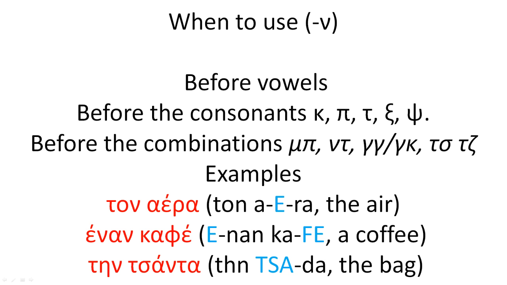Before vowels, before the consonants κ, π, τ, ξ, and ψ, and before the combinations μπ, ντ, γγ or γκ, τσ, and τζ. Let's see some examples. Τον αέρα, έναν καφέ, την τσάντα.